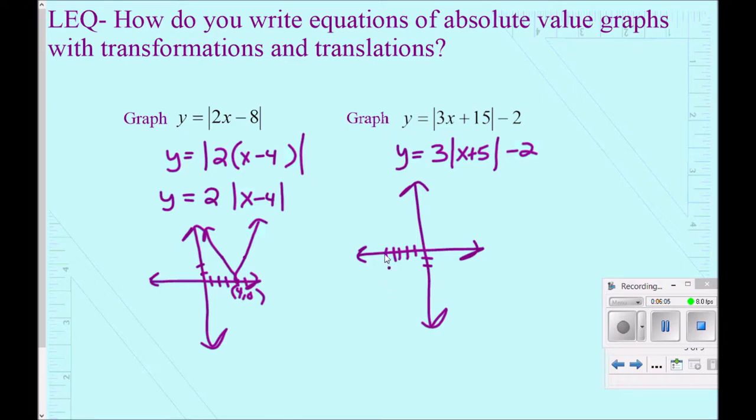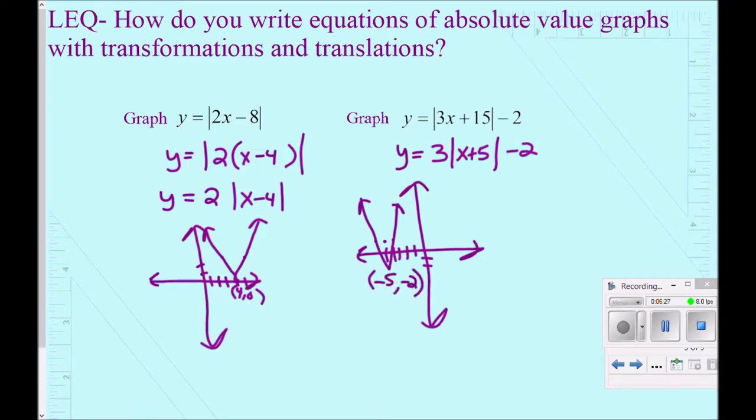So rising 1, 2, 3, whoops, rising 1, 2, 3 and over 1, and 1, 2, 3 and over 1 again. Didn't mean for that 1 point to be there, so we'll just ignore that. But there is our absolute value graph with a vertex at negative 5, negative 2.